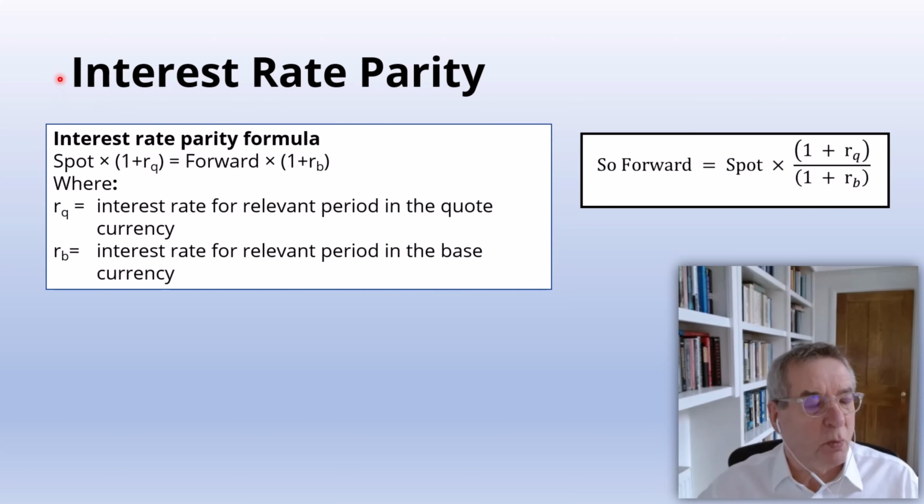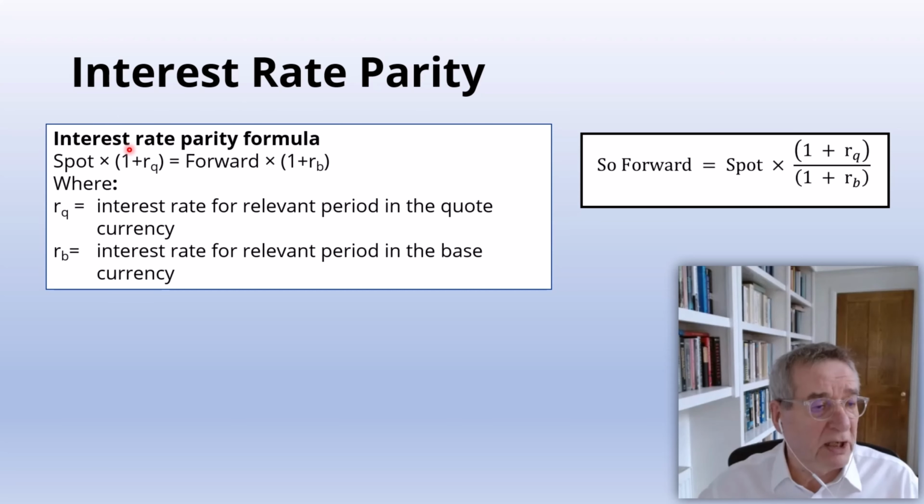So this is what is known as the interest rate parity theorem. Incidentally, it is what is known as a no arbitrage condition. What that means is that if the rate was not the one that we calculated, it would be possible, by going through the process that I showed on the last screen, to exploit the discrepancy and make a risk-free profit.